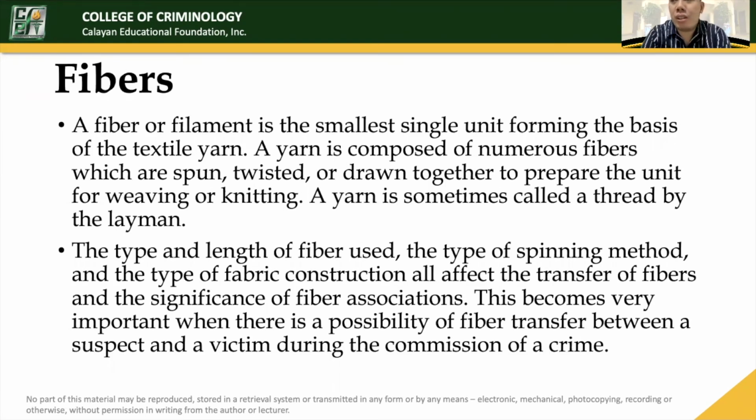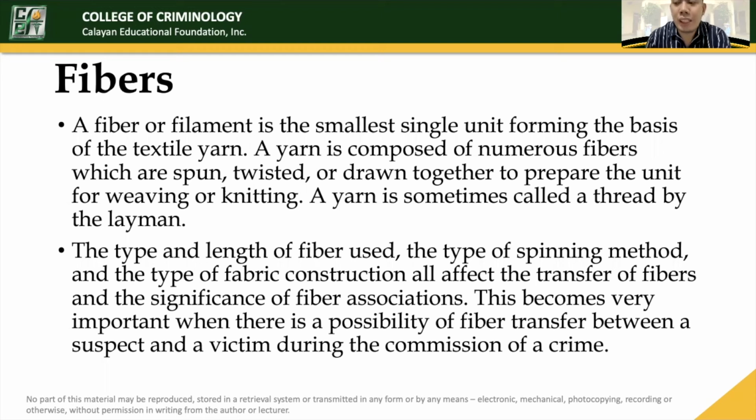So a while ago we were talking about hairs. So another trace evidence that may be found in the crime scene are fibers. So by definition, fibers are filaments in a smallest single unit forming the basis of the textile yarn.